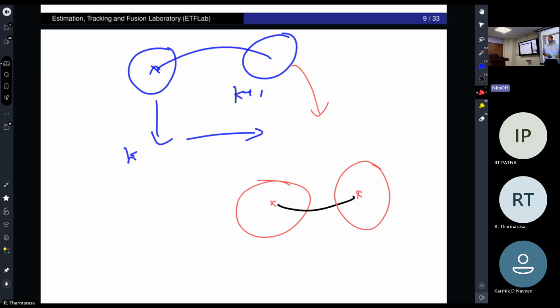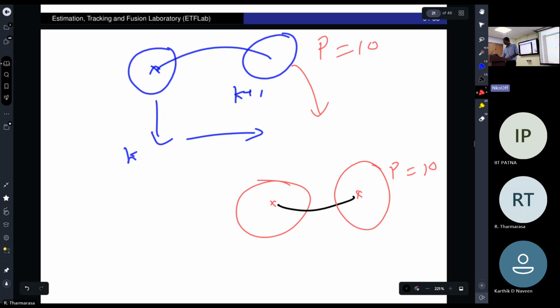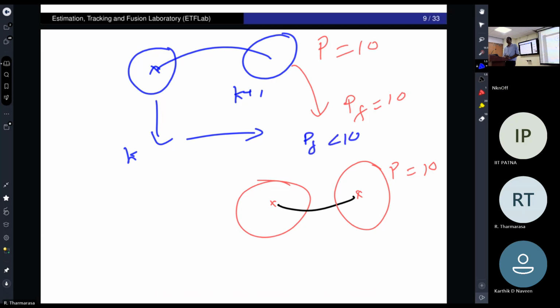If you fuse this, for example, if P equals 10 in the scalar case, then the predicted is 10. The fused one should be 10 as well. But when we assume they are uncorrelated and you fuse it, this becomes much smaller than 10. So that becomes a problem, right?